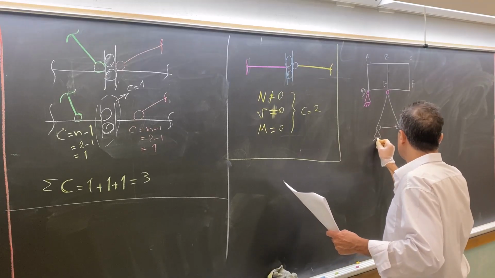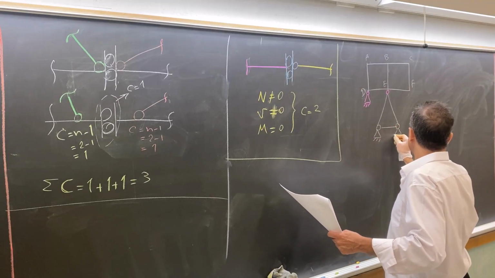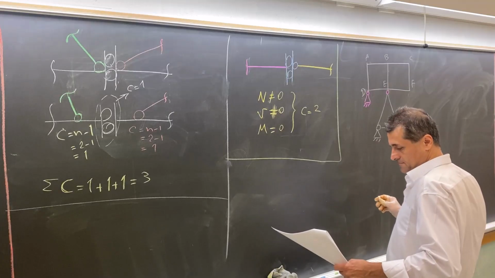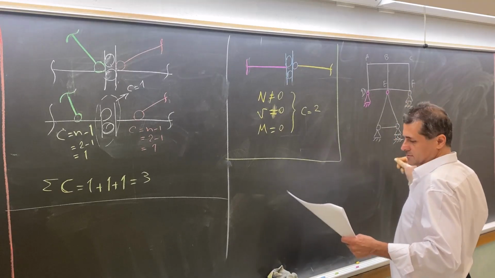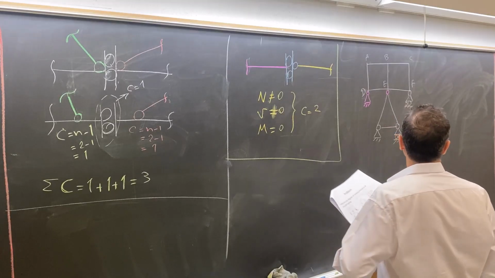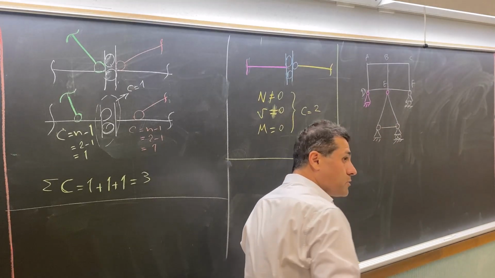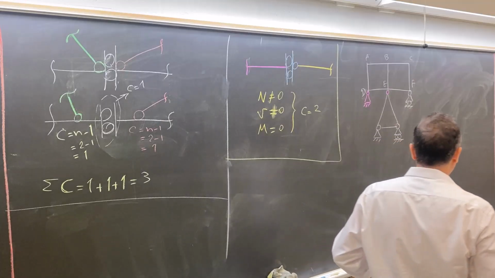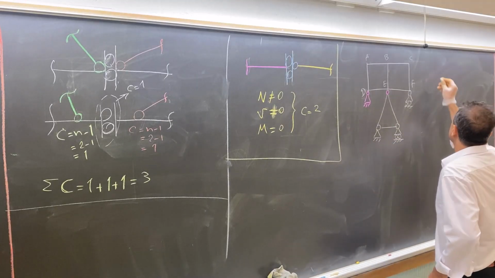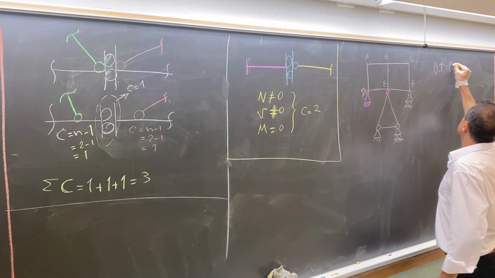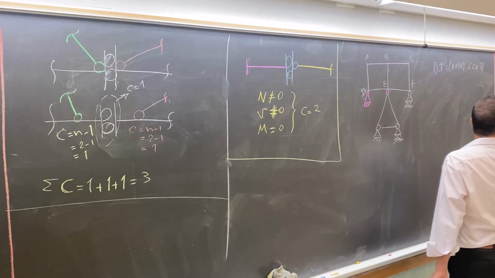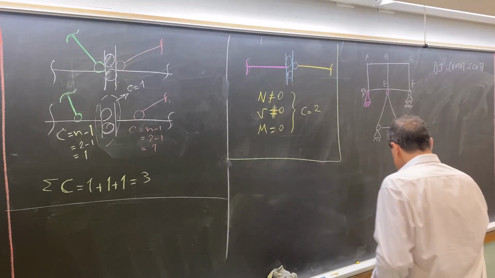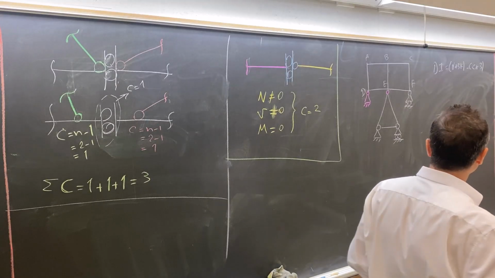Pin support, roller support, roller support here. That's it. So we have to identify all of the parameters in this equation. Di is R plus 3K minus C plus 3. The question is asking to find degree of indeterminacy.